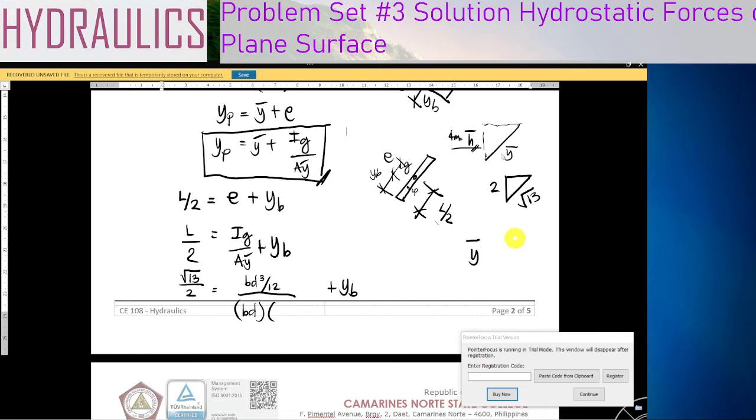Y bar, hypotenuse over H bar is equal to, hypotenuse is square root of 13 over 2, and H bar is 4 meters. Therefore, Y bar is 4 times square root of 13 over 2. So, Y bar is, I think, 2 square root of 13. Let me direct that, okay, I'll put it here.